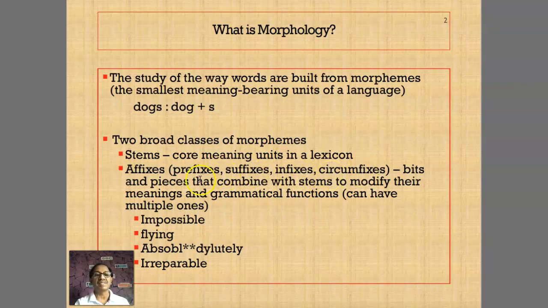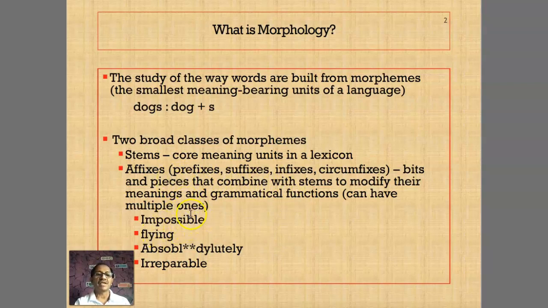They are bits or pieces that combine with stems to modify or to add meaning or to change the grammatical function of the stem. What is the grammatical function? Grammatical functions like you have noun, verb, etc. Their function can be changed. So a noun which has a nominal function may change to a verb to have verbal function. So you can have change in grammatical functions with the addition of affixes.